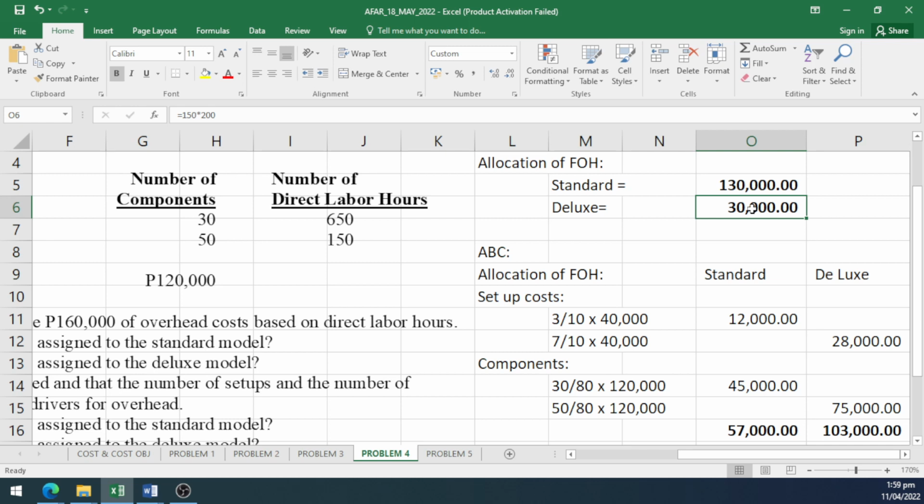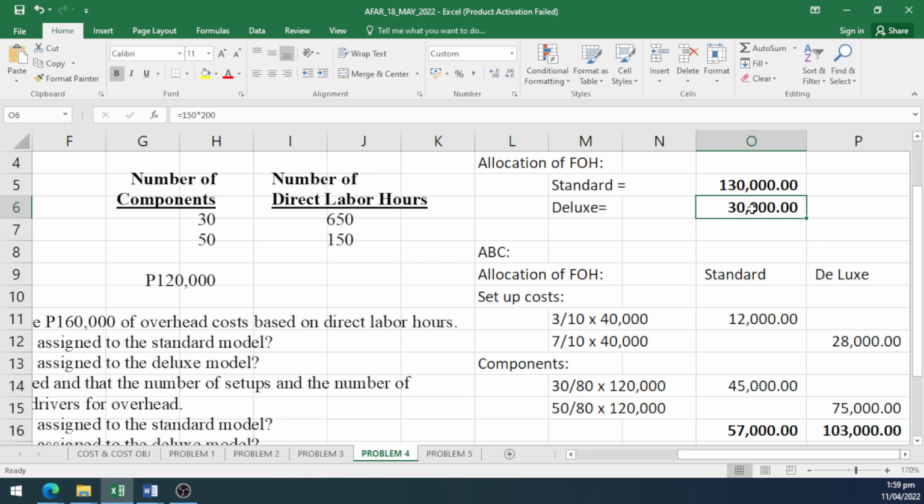We call that product cost cross-subsidy. In case tanungin, how much is the product cost cross-subsidy? Ang sagot, 73,000. Yung cost na lumipat sa ibang product, from one product to another product. And it happens in traditional costing or peanut butter costing.